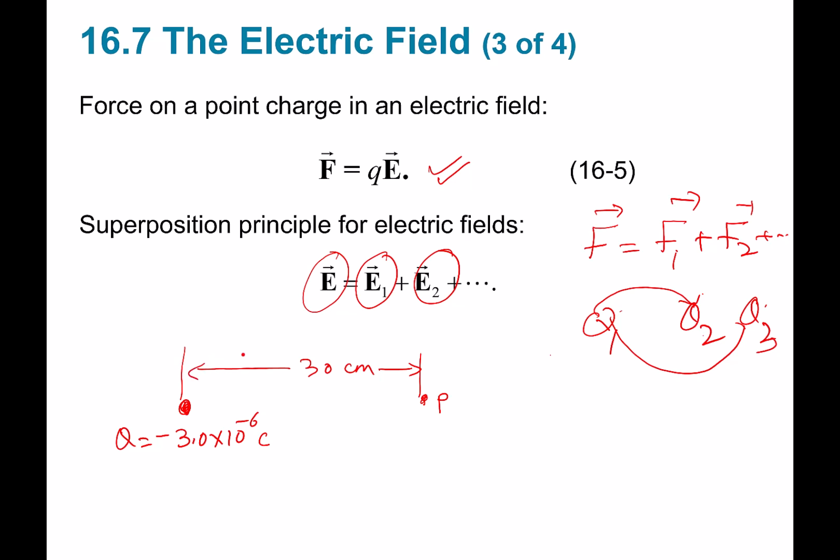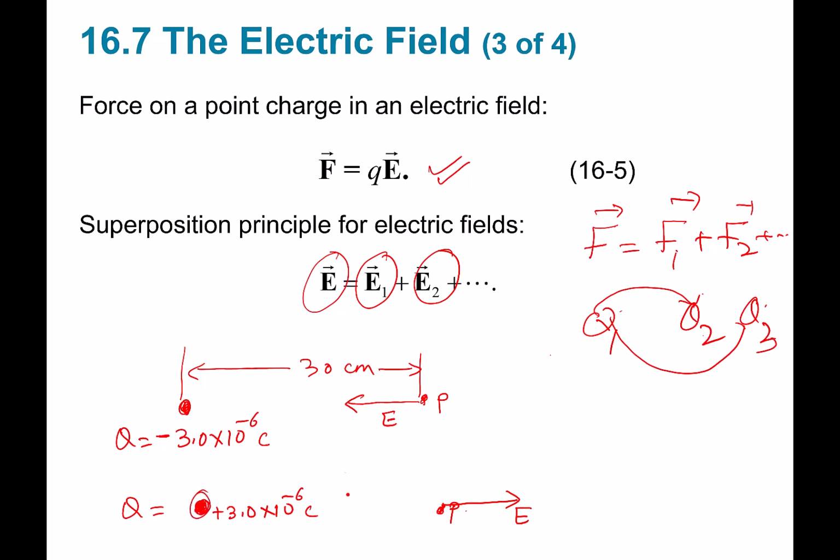Then there is one more charge, a positive charge now, of the same magnitude, 3.0 cross 10 to the power of minus 6 coulombs, at the same distance of 30 centimeters from P. We are going to find that the electric field at point P from the negative charge is directed towards the negative charge, and the electric field from the positive charge is directed away from the charge Q.